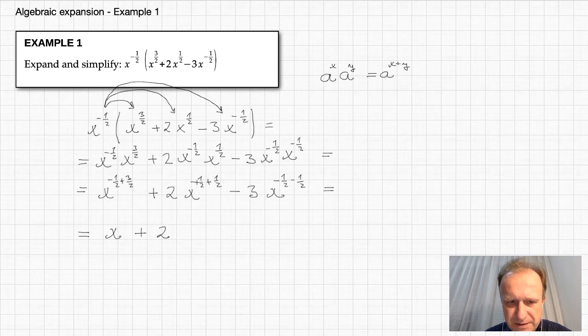Here what I get is negative 1/2 plus positive 1/2, you get 0, so x to the power of 0. If you remember, a to the power of 0 is 1 for a different from 0. So here we have to suppose that x is different from 0 in this exercise. This is something that was not mentioned here, but I will just write it.